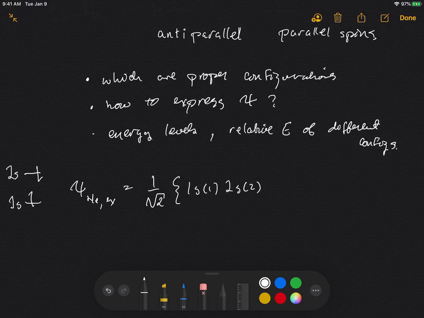Oh, excuse me, I need to plug in my laptop. Okay. We use these representations here to represent the 1s and 2s wave functions of the helium atom, and so that's a shorthand that we ran into before.